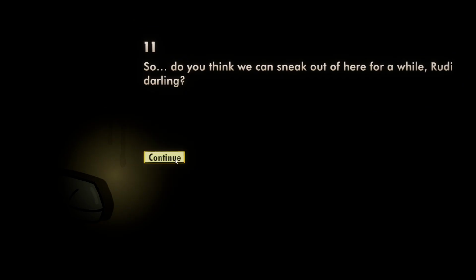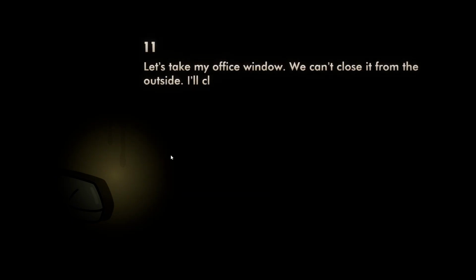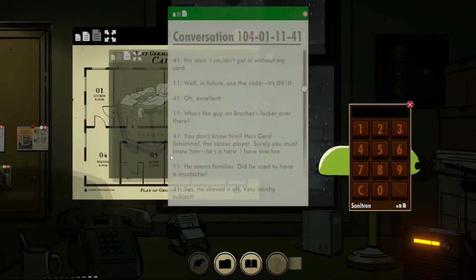Hey, that's what I thought. Although, you know, power imbalance. Perhaps. The storm is coming, though. Do you think we can get back in time? We can keep it brief. Quick little thing. Shouldn't be more than an hour. How can we get out? Let's take my office window. We can't close it from the outside. I'll close it later. Yes, we can come in the back door. Oh, what a thrill. Love you.